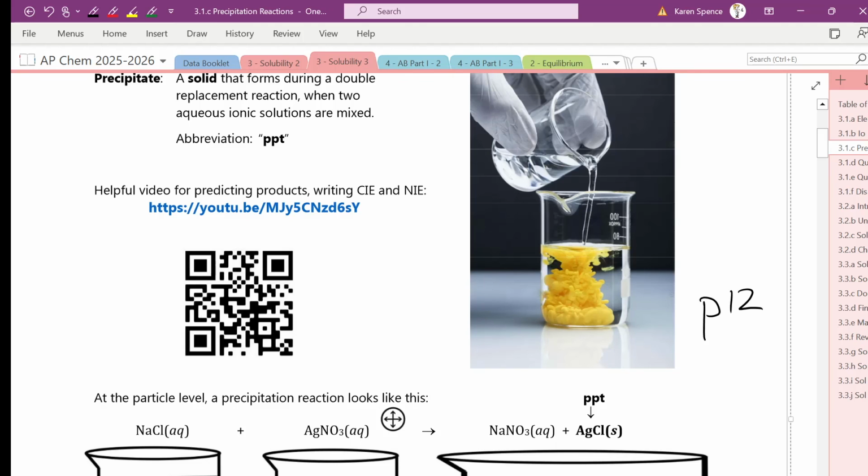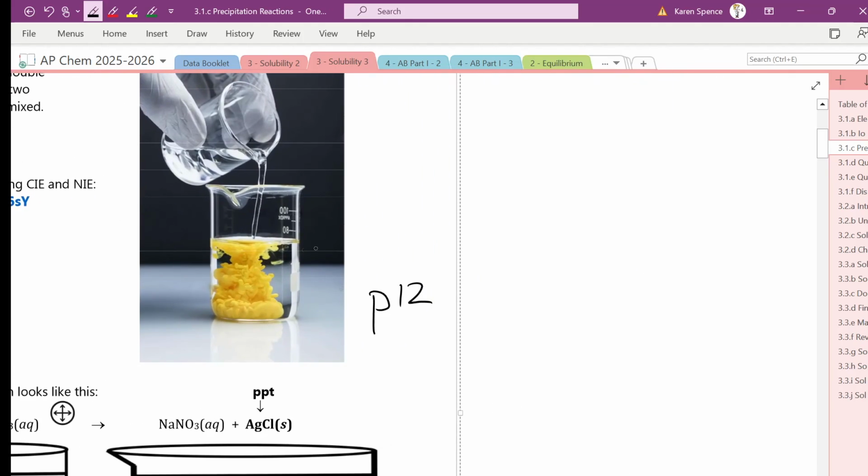Do you know the word for that solid? What's that called? Precipitate. What kind of reaction forms a precipitate? Double replacement.